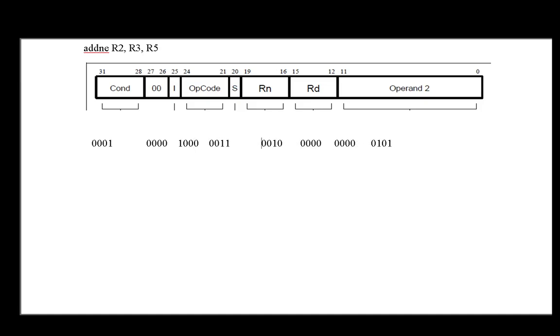Okay, so if I look at this value, 1 is essentially just 1, and then these 4 bits are 0. This is 8. This is 3. This is 2. 0. 0. 5.